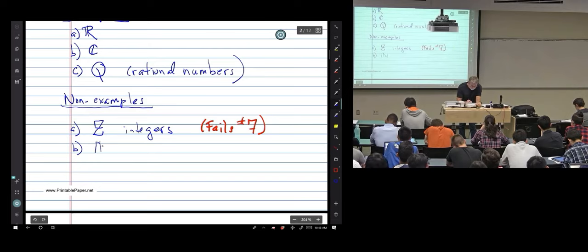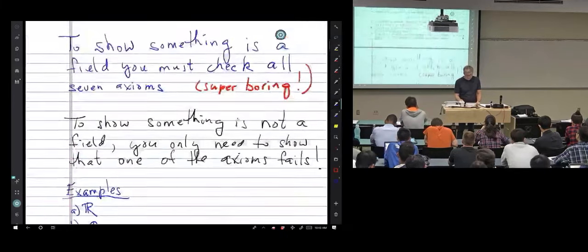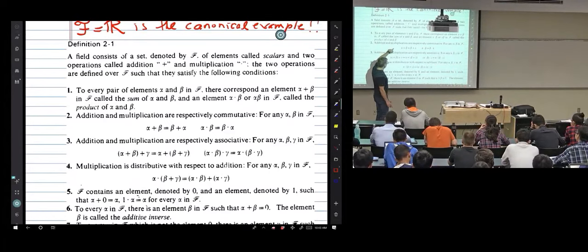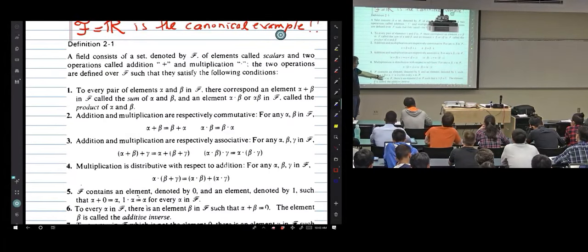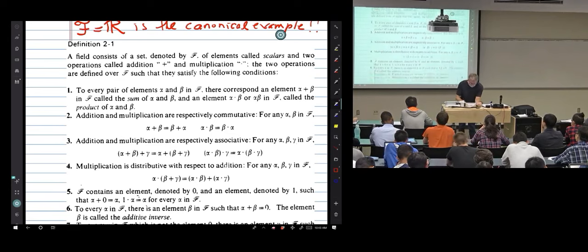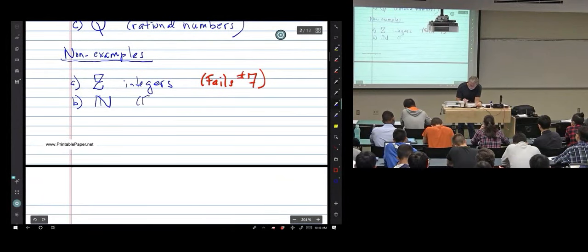What if I did the natural numbers? Remember, they start the counting numbers, 1, 2, 3, 4, 5. No, this works, this works, this works. There's no 0, okay? So fails 5 and it fails a whole bunch of things, okay, but it fails 5. Fails more, okay?